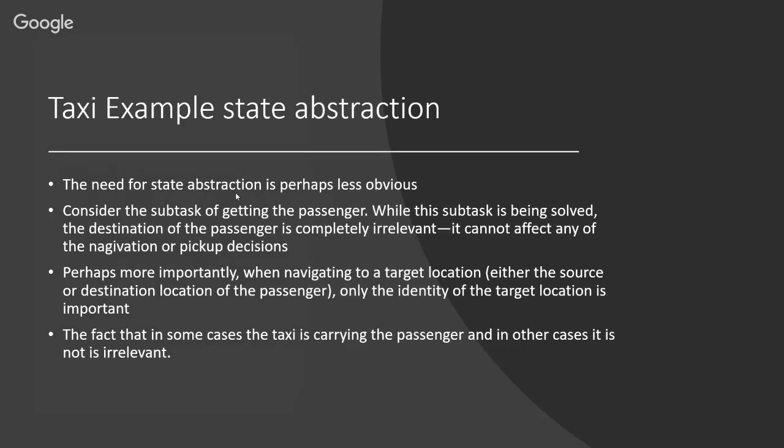Its whole purpose is to navigate to that passenger and perform the pickup action. And once that's complete, that subtask is finished. Then it gets onto the next thing, which is delivering that passenger to the next state.